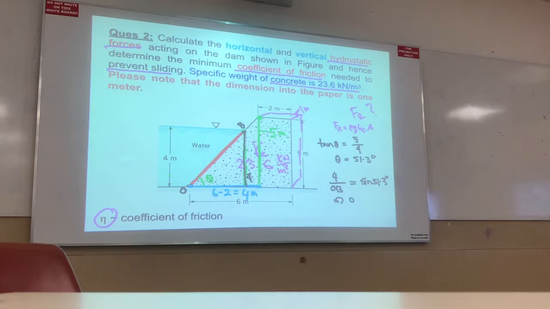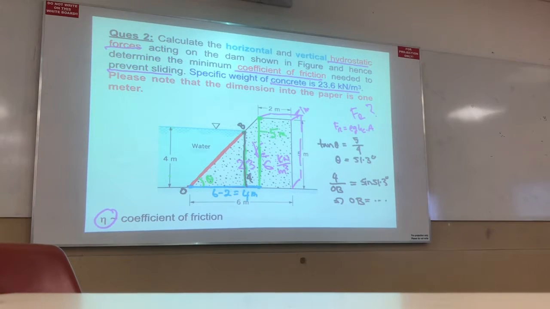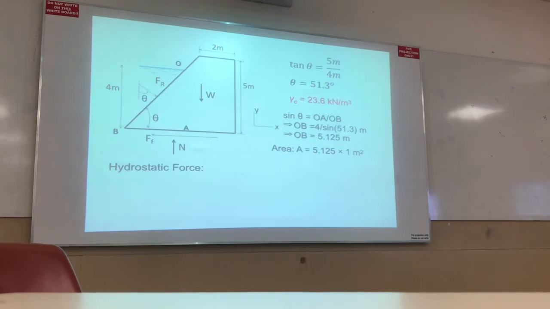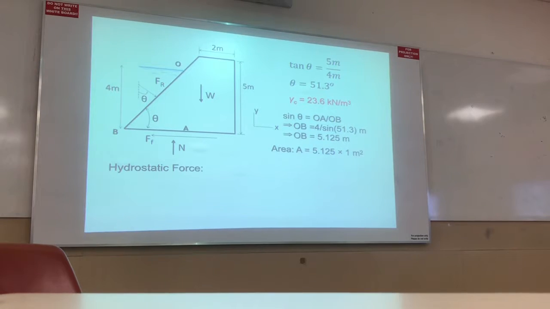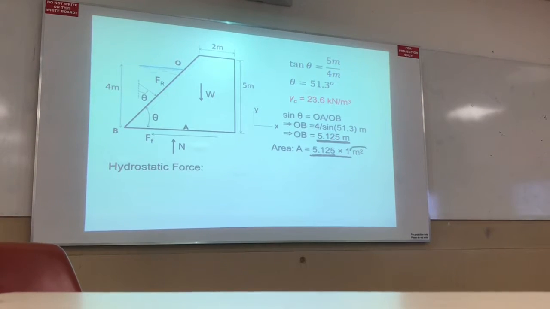Then I can calculate OB, some number I get, correct? Okay, can I go next slide? Then you can see OB I can get 5.415. So area becomes 5.125 meters square. Okay, 5.125 meters square.